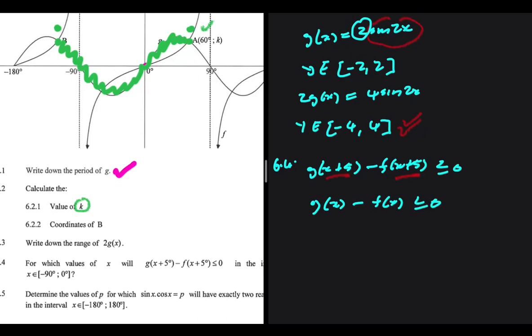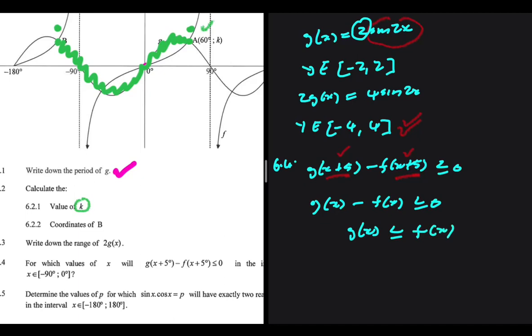After we find the answer for g of x minus f of x being less or equal to 0, then we're going to be able to find g of x plus 5 minus f of x plus 5. If we take minus f of x to the right hand side, we're going to have g of x being less or equal to f of x.